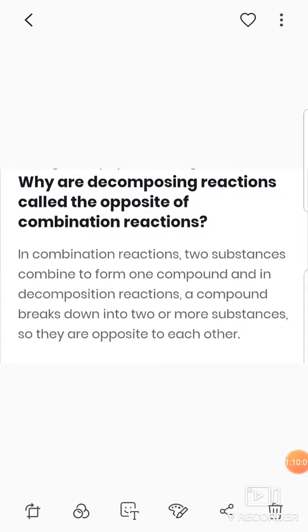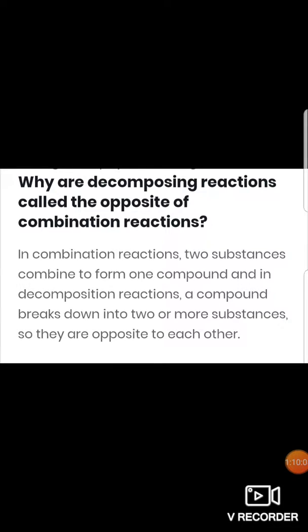Why are decomposition reactions called the opposite of combination reactions? In a combination reaction, two substances combine to form one compound, and in decomposition reactions, a compound breaks down into two or more substances, so they are opposite to each other. It's very easy to remember.